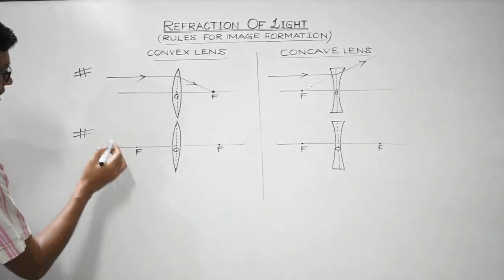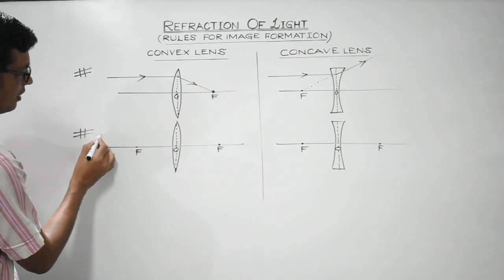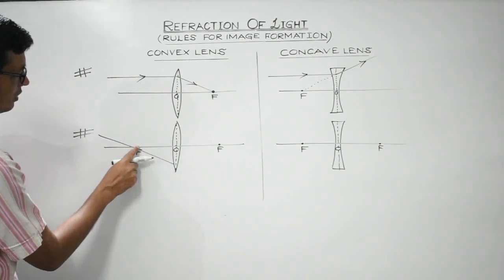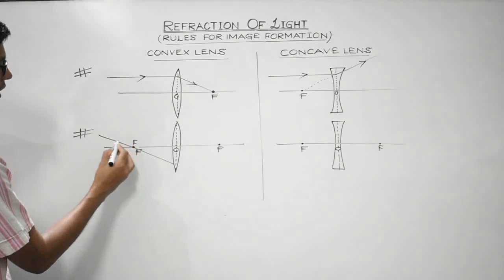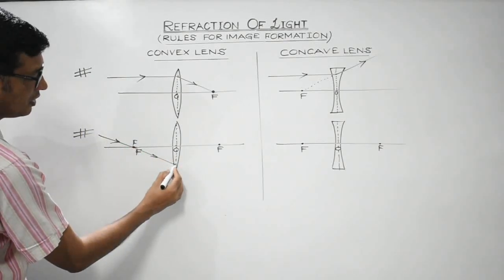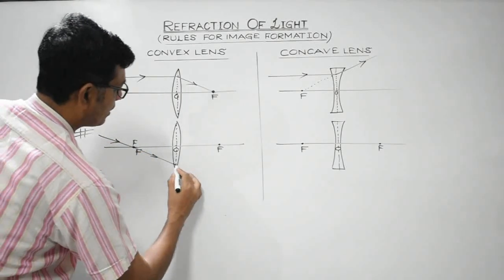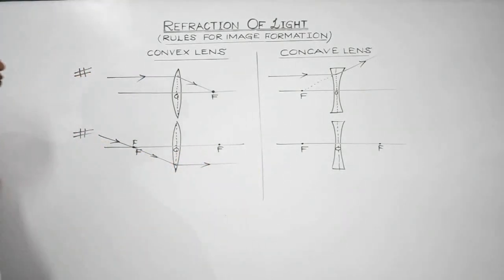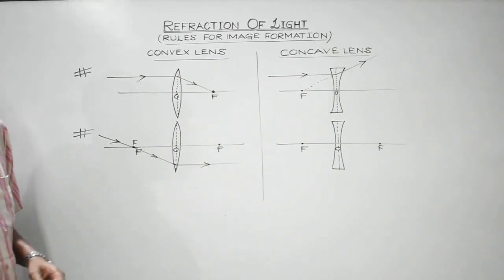What I mean to say is that, suppose this is the ray passing through the focus. This is suppose the focus. And this is the incident ray passing through the focus. After refraction, it will become parallel to the principal axis. This is the rule I am talking about, right?